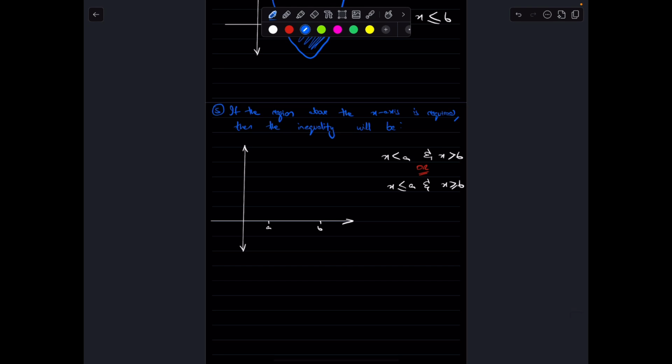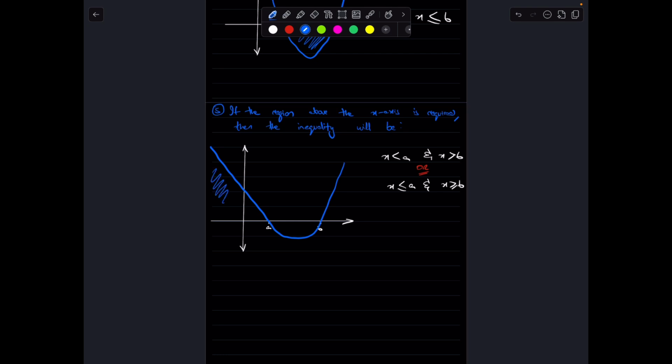And now in the fifth step, if the region above the x-axis is required, that is, the inequality sign is greater than or greater than equals to, then the inequality would look something like this. And to represent such an inequality, we'll draw a parabola first, which passes through the roots, and we'll shade the region above the x-axis.